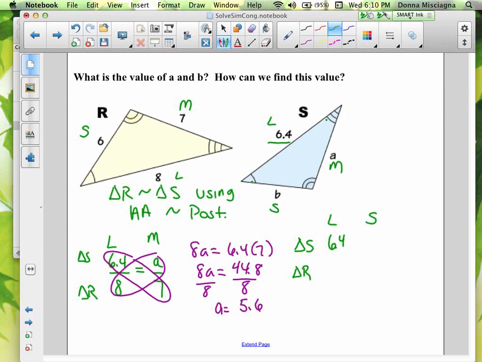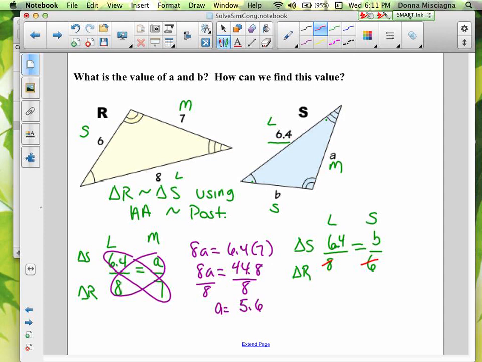Well, if A was incorrect and you use that to find B, B is going to be incorrect. At least you know for sure that 6.4 is the side in the triangle. So 6.4 goes with 8 again, and now we have B is the small side in triangle S, and that goes with 6, the small side in triangle R. I think I'm going to reduce in the denominator there. The 8 and 6 reduce.